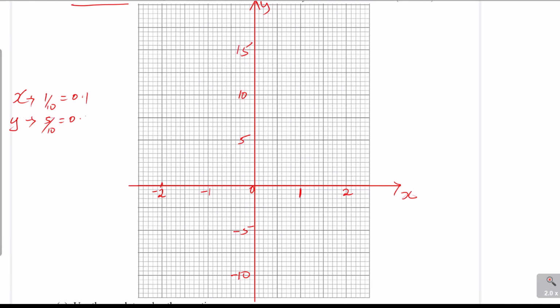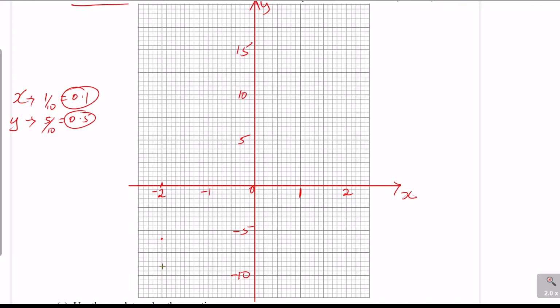One small square will be 0.5. Take note of that. So now I want to plot -2, -6. So -2, -6 will be here.